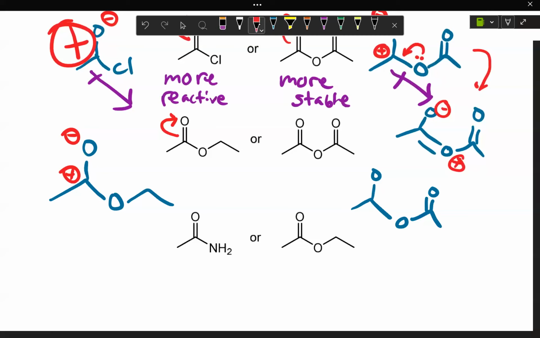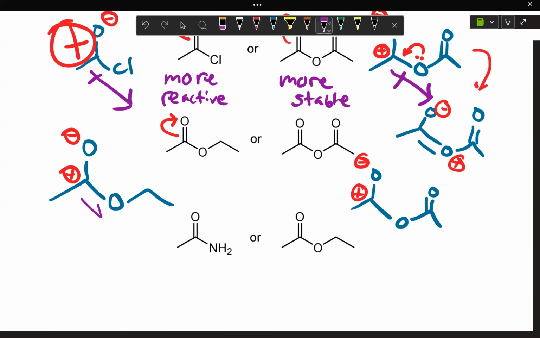And remember, we're only doing one side. Unlike the previous example, where we had a different heteroatom, a chlorine versus an oxygen, here we have two oxygens, and the only difference is this oxygen on the right has a carbonyl, where this one on the left doesn't.